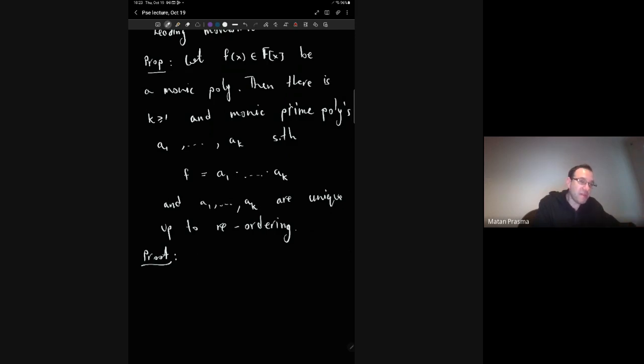And if they are not prime, then each of them is a product of two lower degree polynomials. And since you reduce the degree every time, this process has to stop. When it stops, you are left with a decomposition of f into a product of prime polynomials. So existence is clear.